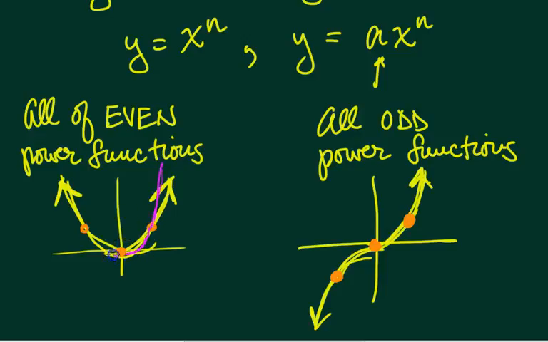X to the fourth, for example, is less than x squared between 0 and 1, and then greater than x squared for x with a magnitude greater than 1. But the nut of it is, it looks pretty much like x squared.